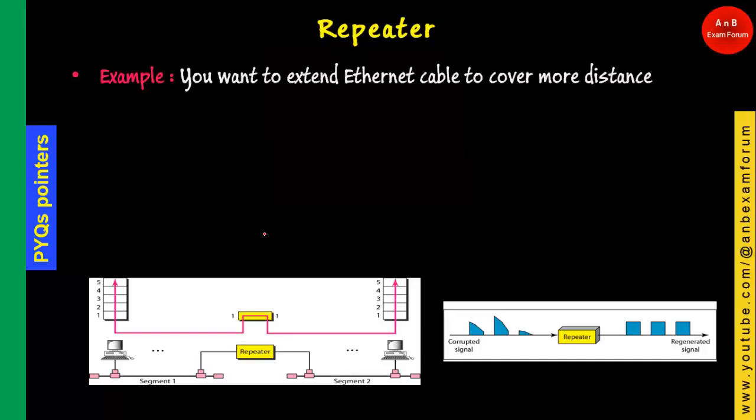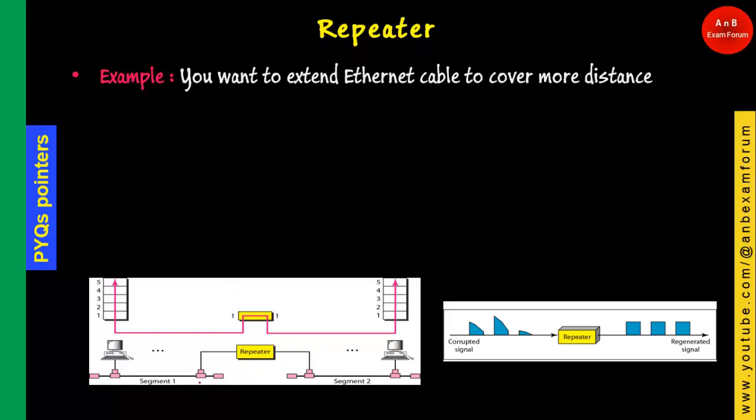Coming to the first networking device, that is the repeater. The scenario is like this: if you want to extend the Ethernet cable to cover more distance, suppose you are working on this PC and you want to extend your PC to some other location, say 1 kilometer, 2 kilometers. In that case you can use a repeater.